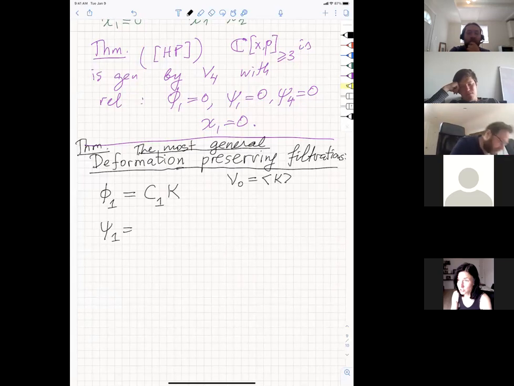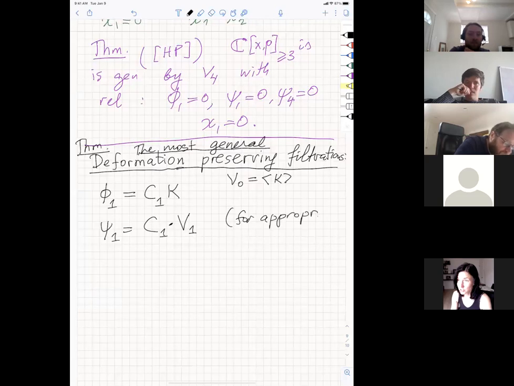This lives in the two-dimensional representation, and there is this V1, which also lives in the two-dimensional representation. So for appropriate normalization of this V1, the deformation of psi1 is by this constant. And then there is no way to deform psi4, so psi4 has to remain 0.